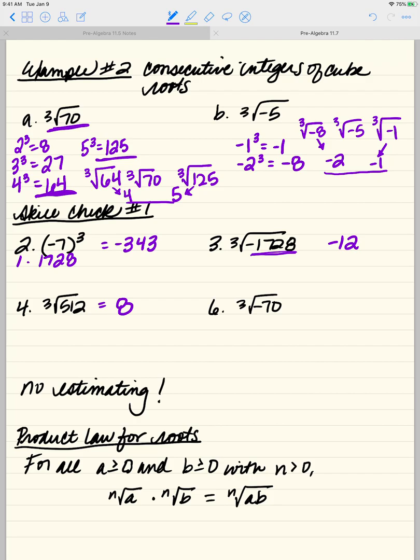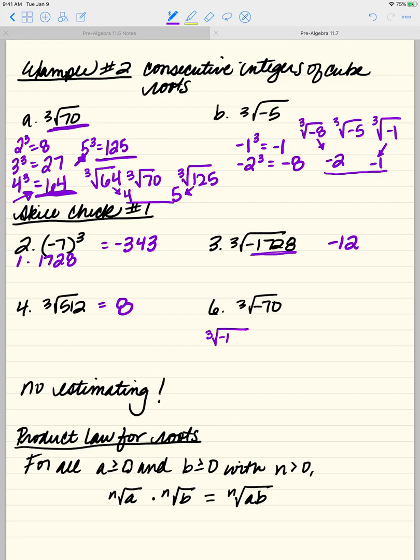Then number 5 and 6 say find the consecutive integers between which the following cube roots lie, okay? Look up here at what I wrote down for some perfect cubes. 4 cubed is 64, which means negative 4 cubed is negative 64, okay? So we know negative 70 is really close to that. Then 5 cubed is 125, so negative 5 cubed is negative 125.